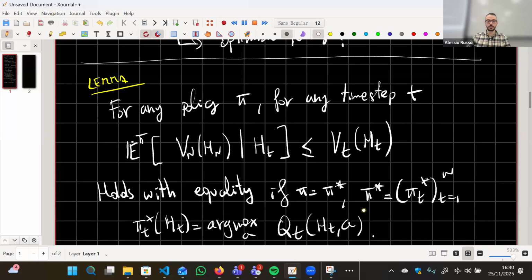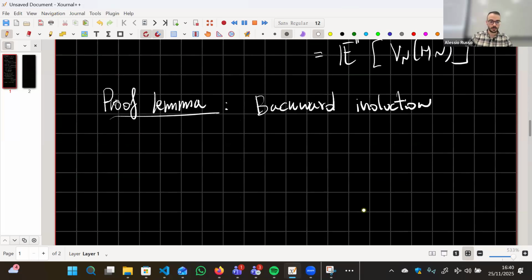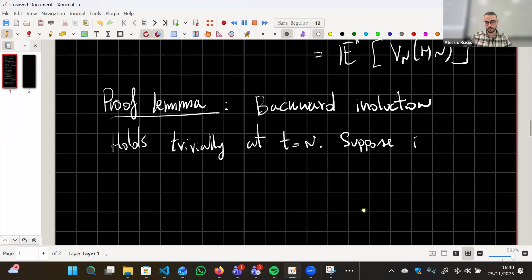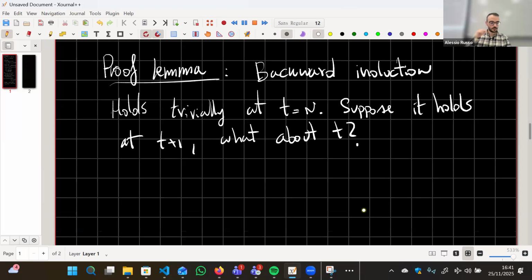What we want to show is that it also holds for time step t. So we know that it holds at time step t plus 1. So what we're going to use is simply the tower rule to try to deal with this.